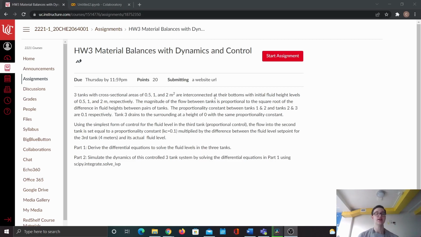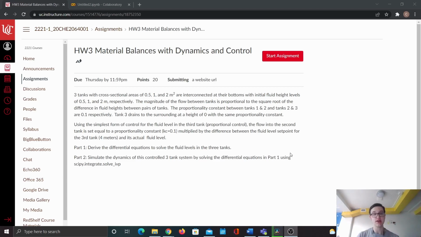I have an unnamed blank Colaboratory file open. We're going to be taking the equations that I wrote down from Part 1, inputting that into a function, adding the data points of the areas, specific heights, the proportionality constant, and the proportionality constant for the inflow.